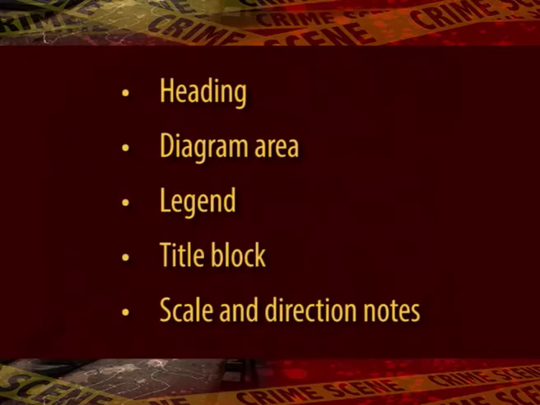So let's start the study of crucial elements. For the sake of convenience, these elements can be divided into the following parts: heading, diagram area, legend, title block, scale and direction note. Dear student, now we shall discuss all the above points one by one.